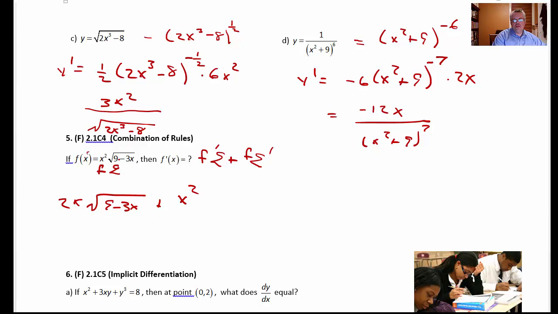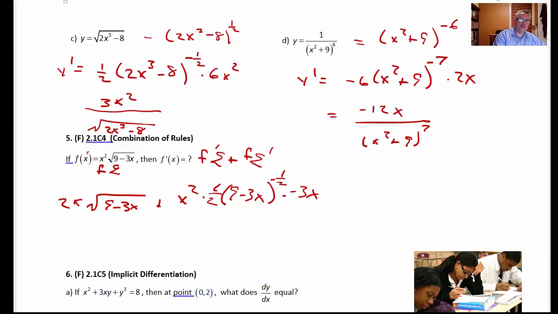Now, here's where it gets tricky. We got to think of this square root of 9 minus 3x as (9 minus 3x) to the 1/2 power. So we're going to get 1/2 times (9 minus 3x) to the minus 1/2 times the derivative of the inside, which is minus 3x.